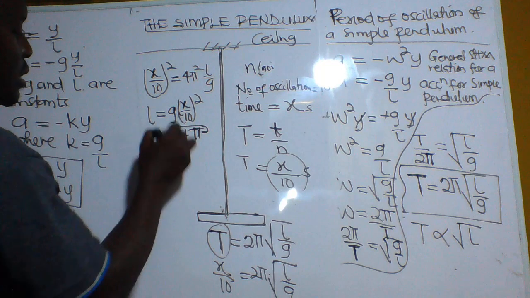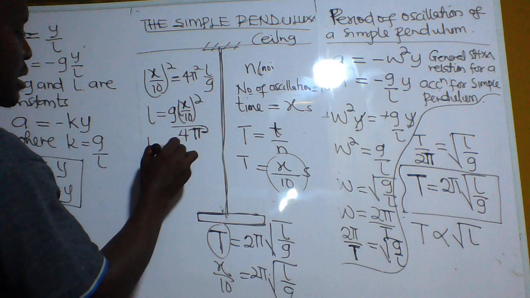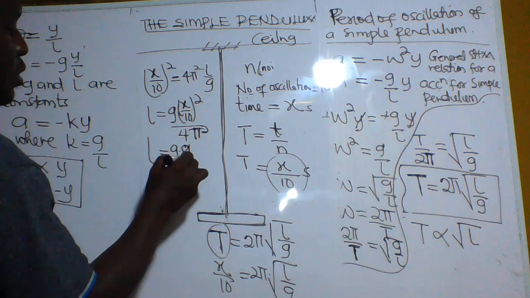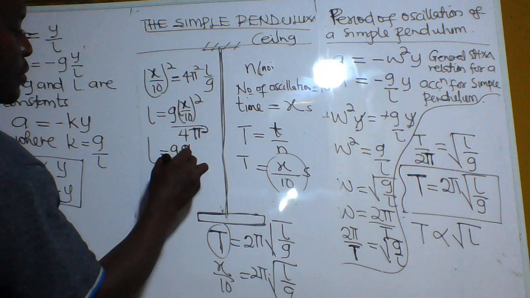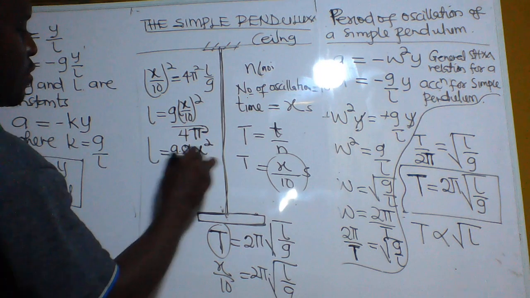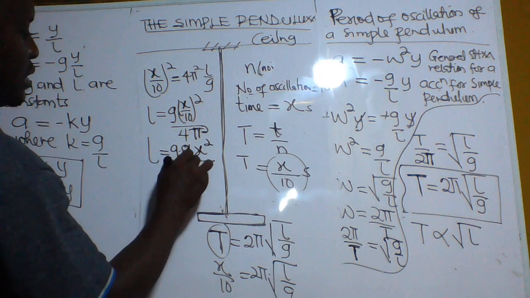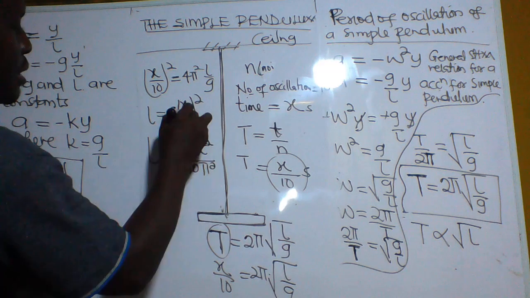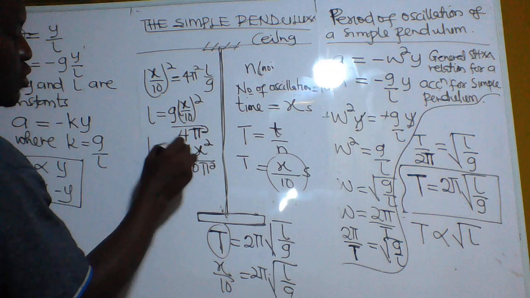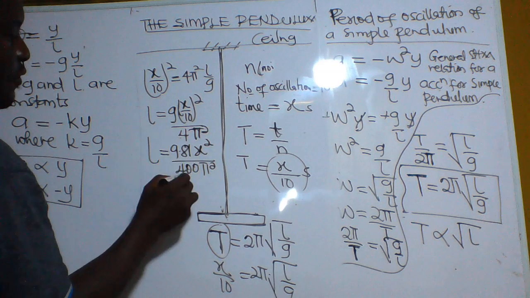So the length of the wire you are asked to determine as an engineer will depend on g, a constant, 9.81, times x² over 400π². I've squared 10, it gives me 100, but it comes down to multiply 4, that's why I have 400 here.